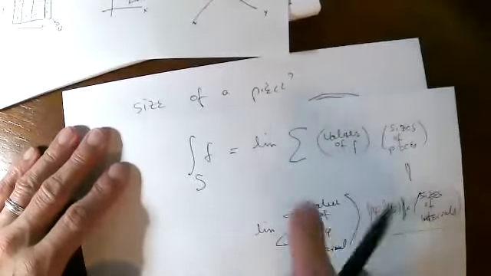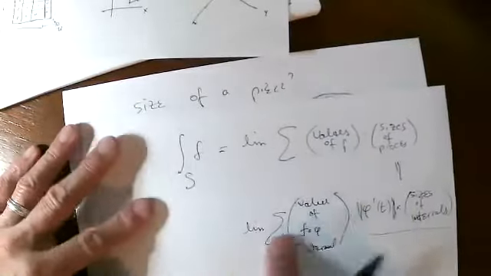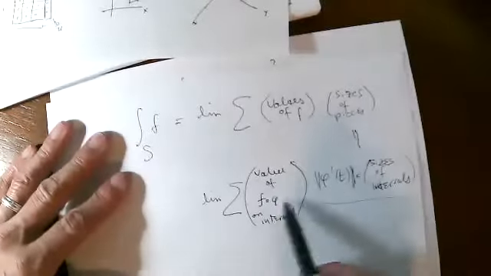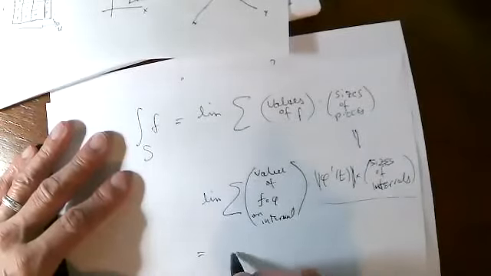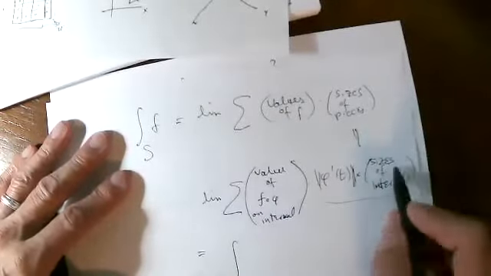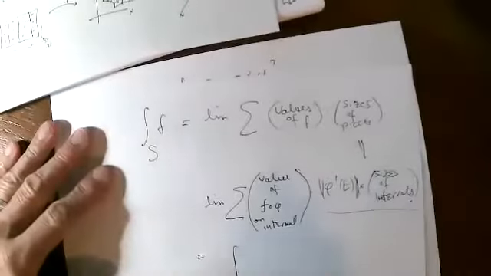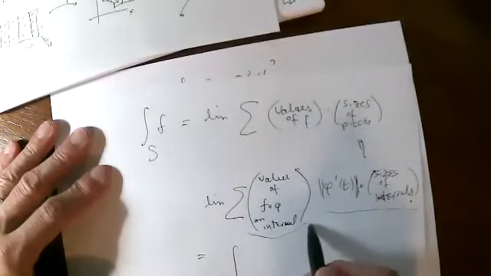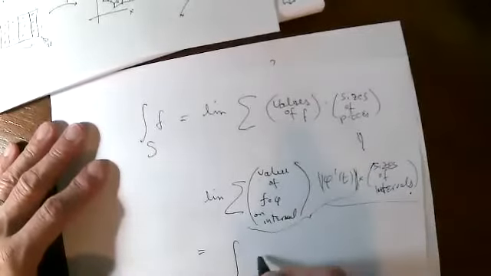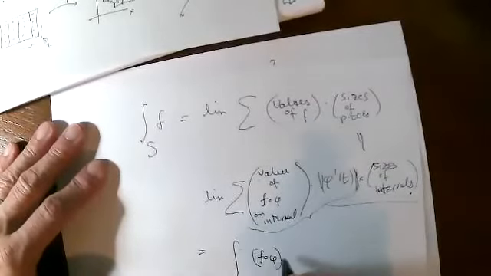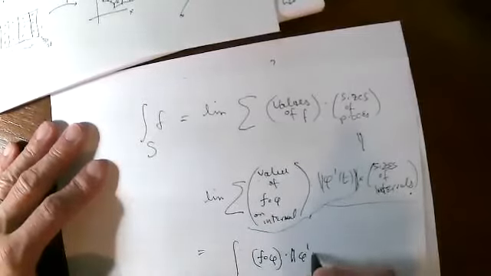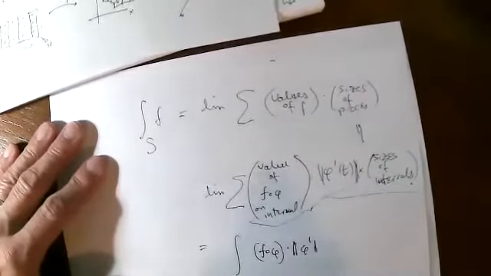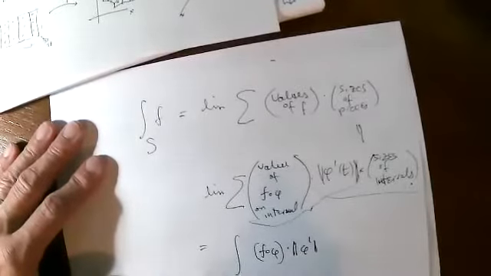And so I am re-evaluating this integral as a very similar kind of expression, but there are some references to phi in here. And then I realized that all I've done is chop up the interval in this picture into little pieces, and then multiply the sizes of those pieces times the value of this function, which is to say I'm integrating this function on the interval in the real number line that I showed in the picture, in the t domain.